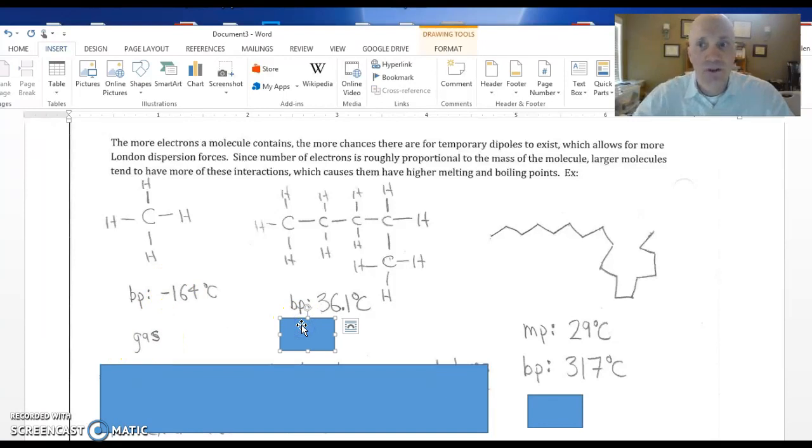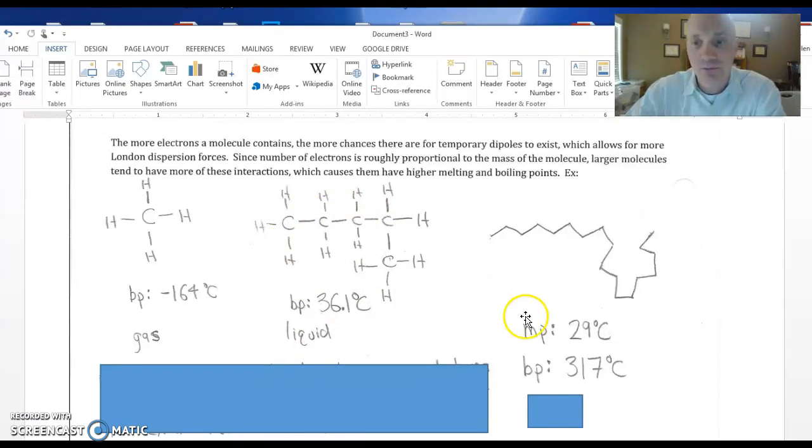All right. With this particular molecule right here, its boiling point is 36. So considering room temperature is about 25 degrees Celsius, this material would be a liquid at room temperature. All right.